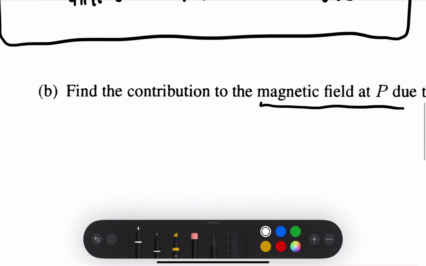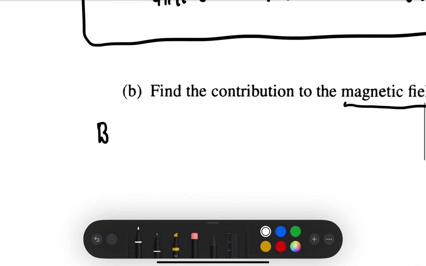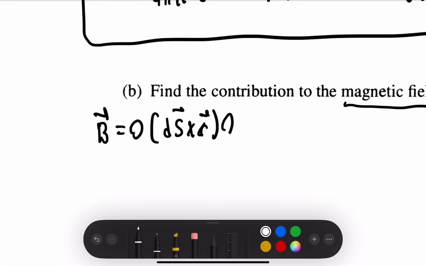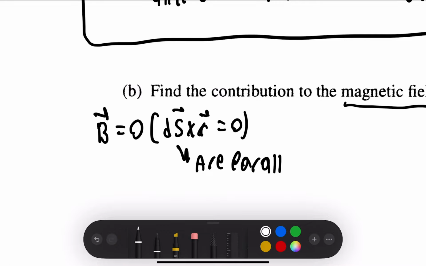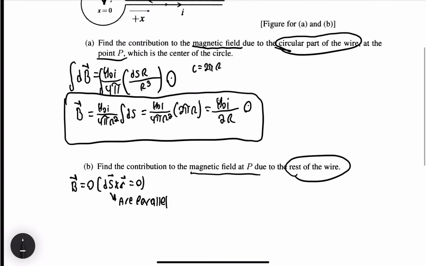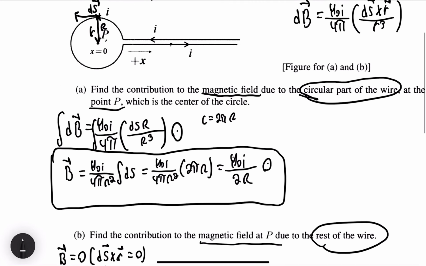So the magnetic field for both of these wires would be 0, and you can write ds cross r is equal to 0, or you can say r parallel. So the only magnetic field created at this point is from the circle.